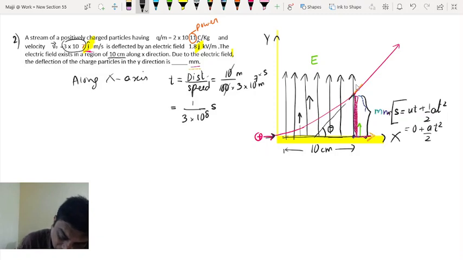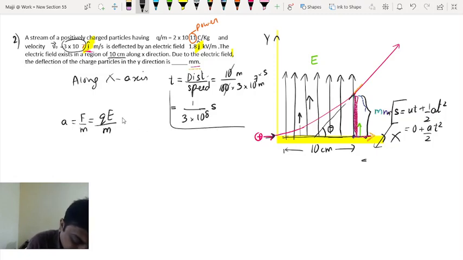Now meanwhile, how much is the displacement along y-axis? Also we have to find the acceleration. So acceleration you can find as force by mass. Force experienced by a charged particle within an electric field is QE. So QE by m. So Q by m is already given as 2 into 10 to the power 11 SI. The electric field is numerically equal to 1.8 into 10 power 3.